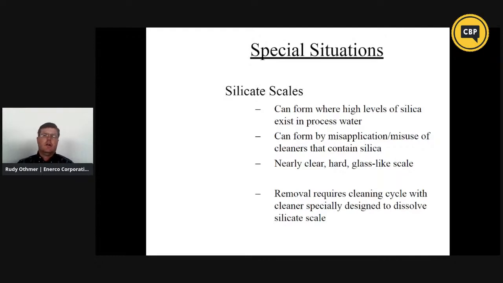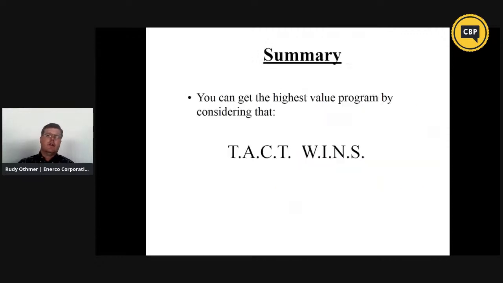Where beer stone is a more frequent problem, beer stone's very easy to remove. Silica is an infrequent problem and difficult to remove, but with the right acids in an acidic cleaner, you can take care of your silicate scales.